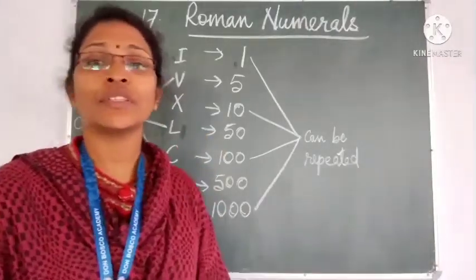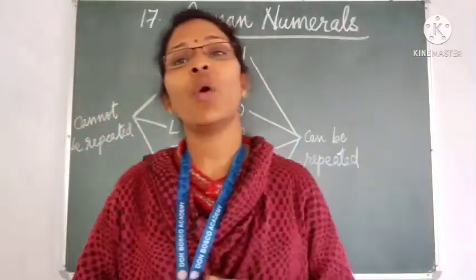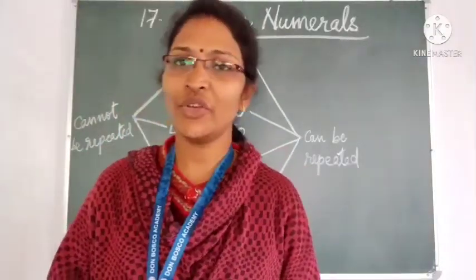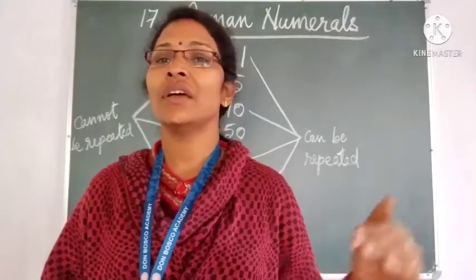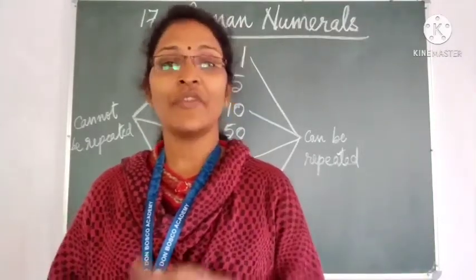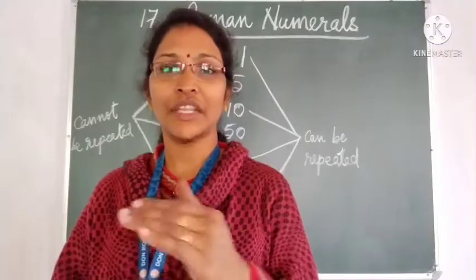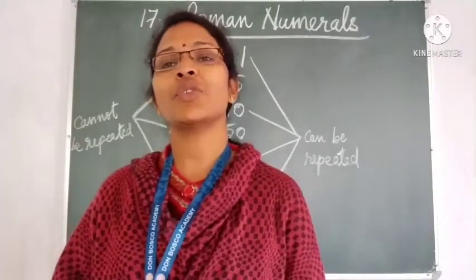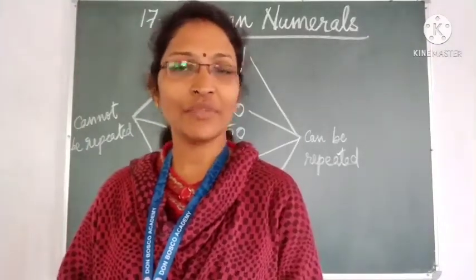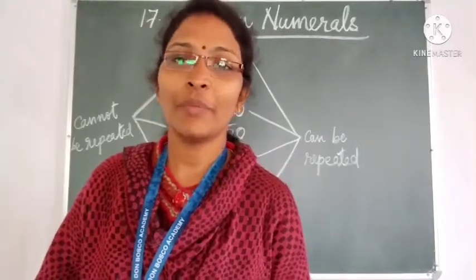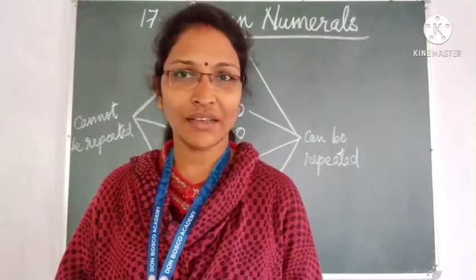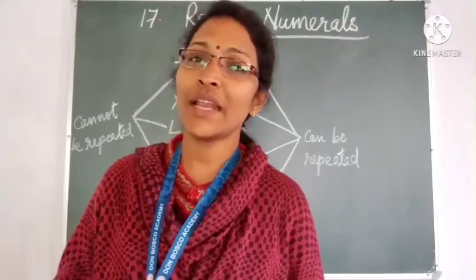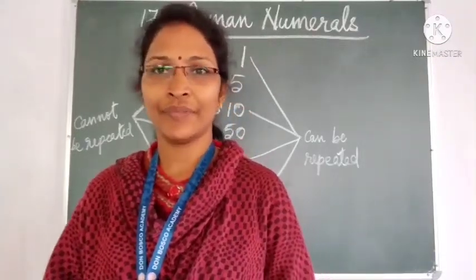Now we should know some rules to be followed while writing Roman numerals. We write all the other numbers in Hindu-Arabic numerals any number of times without any control. But in Roman numerals, we cannot write numbers like that. All the Roman numerals cannot be repeated.